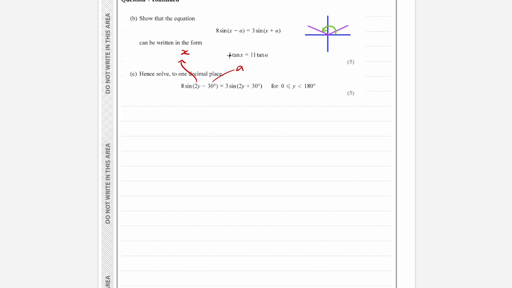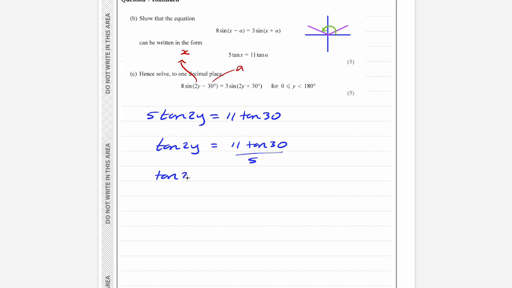I can say 5 tan 2y equals 11 tan 30. Then tan 2y is equal to 11 tan 30 over 5. I can do that with my calculator.